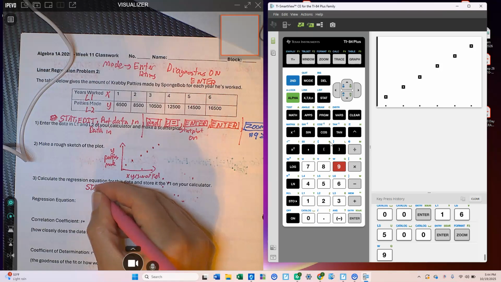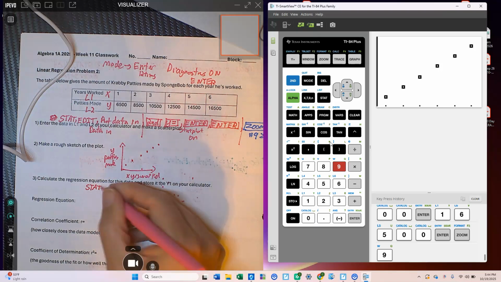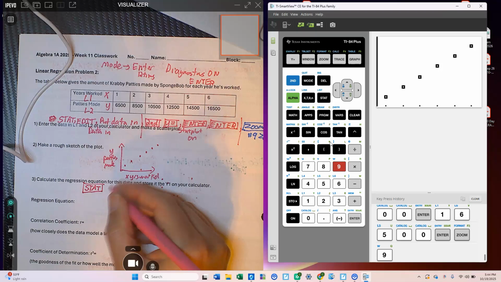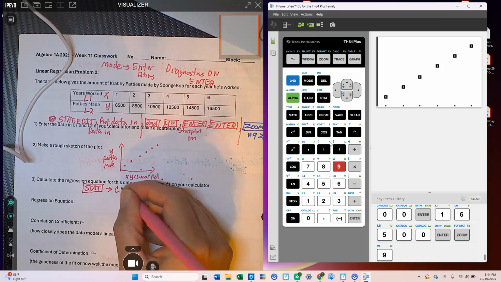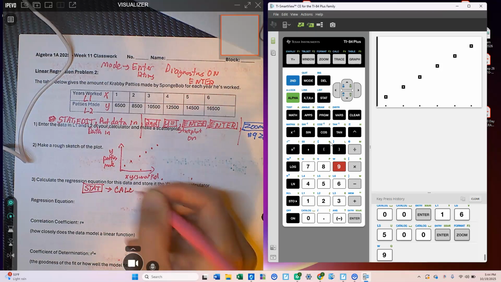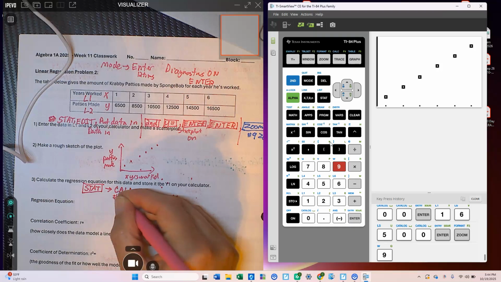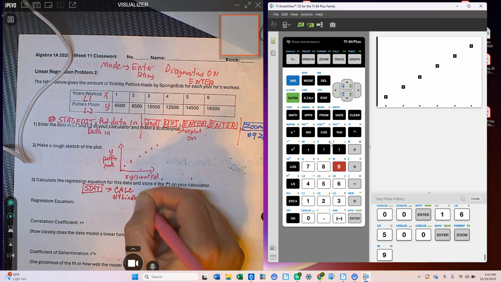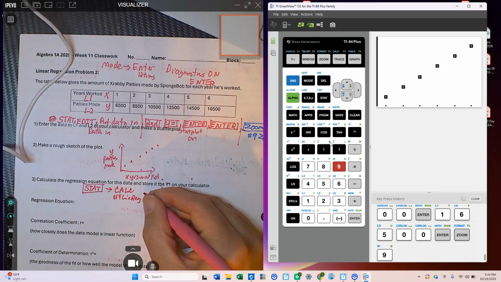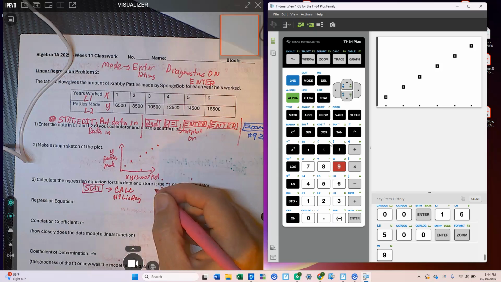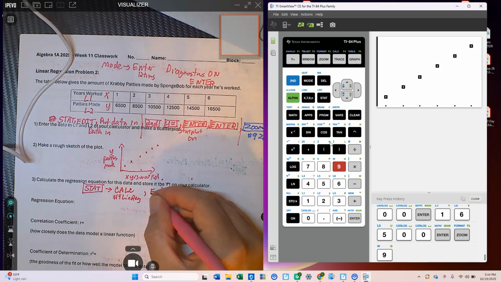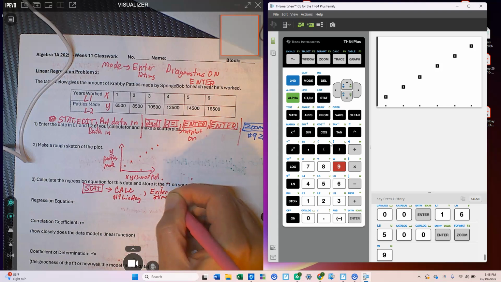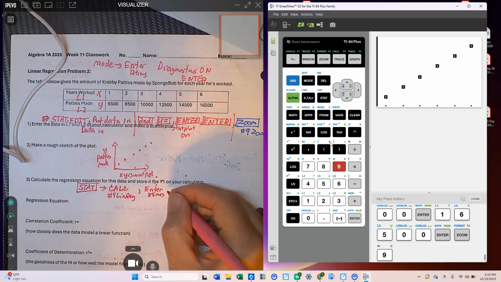Stat. Right. Calc. Number 4. Lin reg. Enter 3 times.